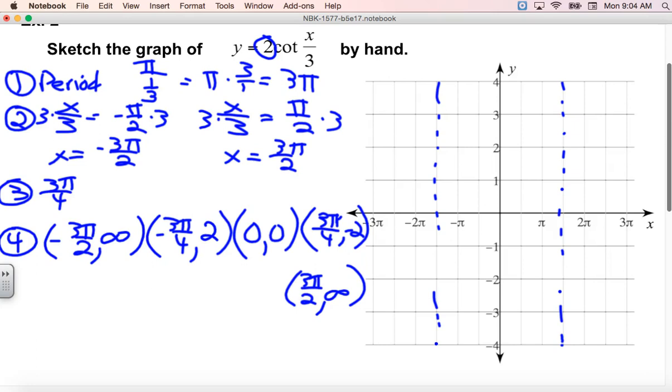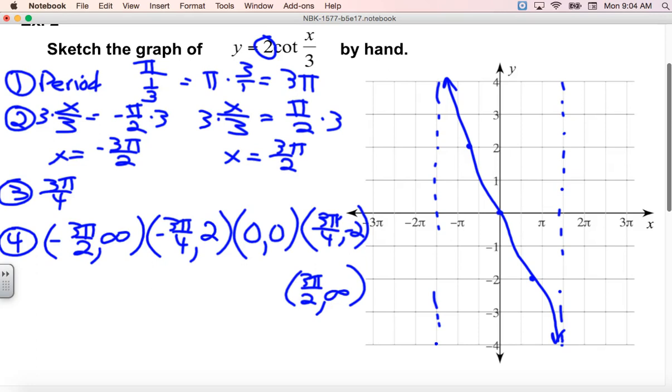So about right here is going to be our point 2. And then 0, 0. And then about halfway between there and down to negative 2. So we can see how this is going to kind of work now. All right, and that gives you a general idea of what that cotangent function should look like.